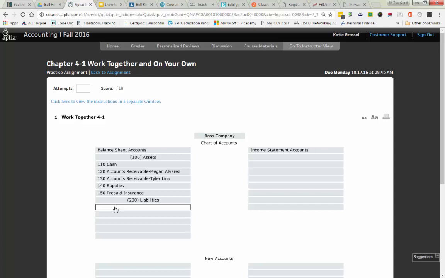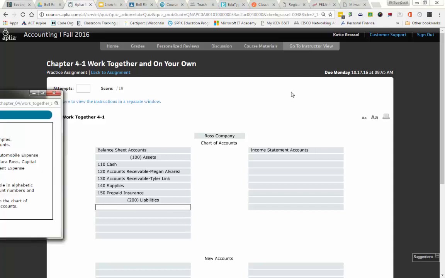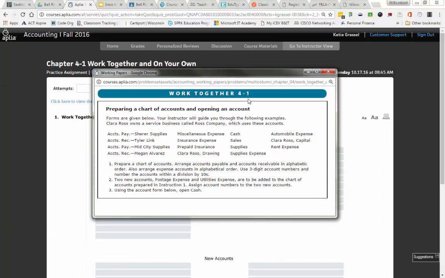How did you know that? It is going to be alphabetical. So when I take a look at my liabilities, you can always identify them because they have the word payable in them. I have 2 of them. I have accounts payable Sure Supply, and I have accounts payable Mid-City Supplies. These are the names of businesses, so they get alphabetized by the first letter of their name.